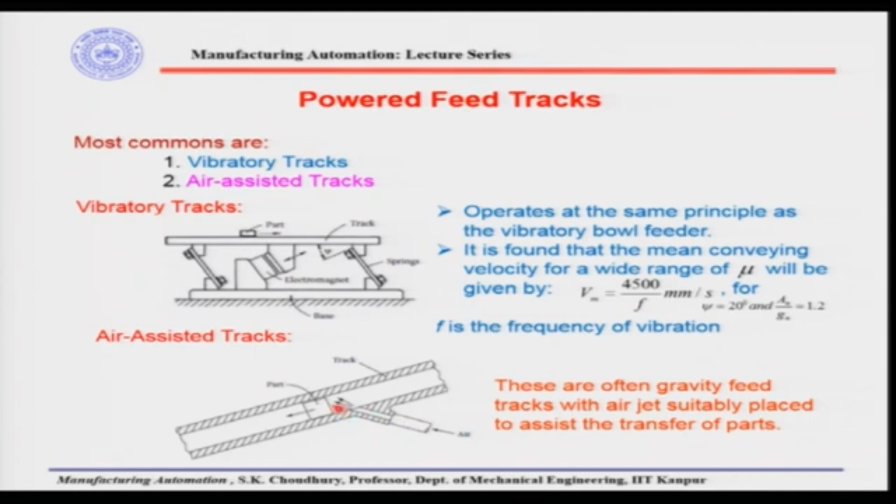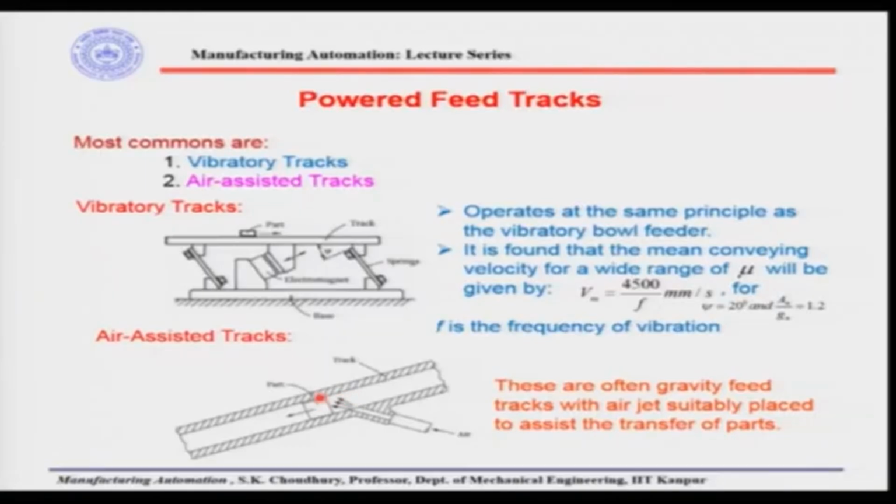Because of that high pressure air, even if the parts are clogged, or if the coefficient of friction becomes more while moving through the feed track, this can be eliminated. So, this is a simple diagram. This is called the air assisted track, where we have the passage through which pressurized air from a compressor is passed, and it will assist the parts to move along the feed track.